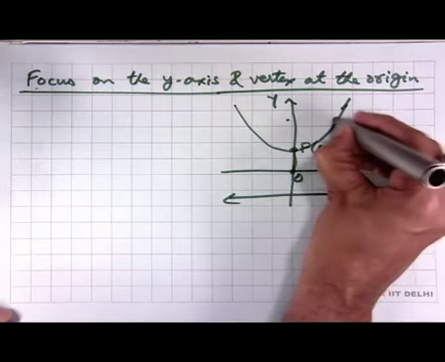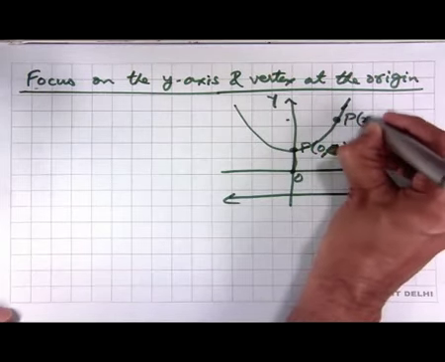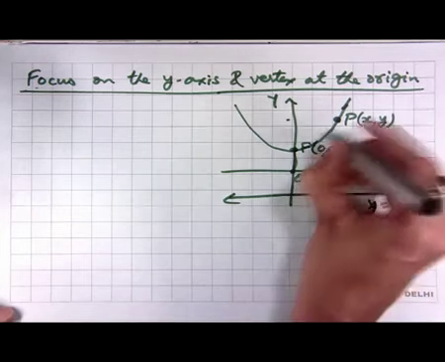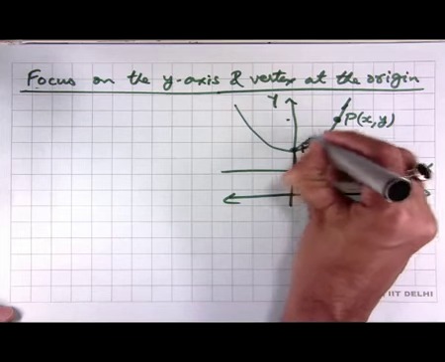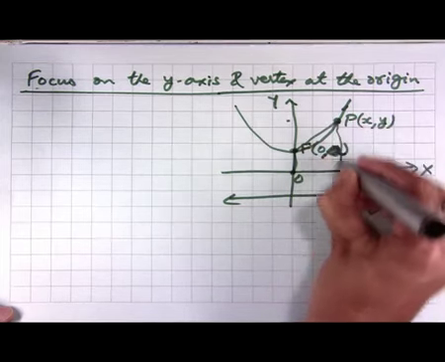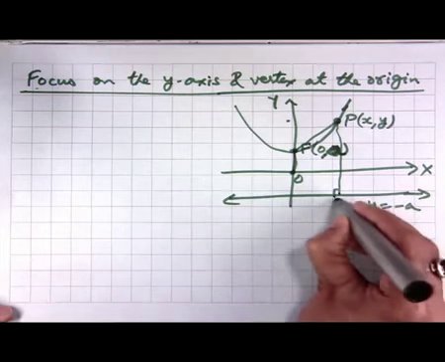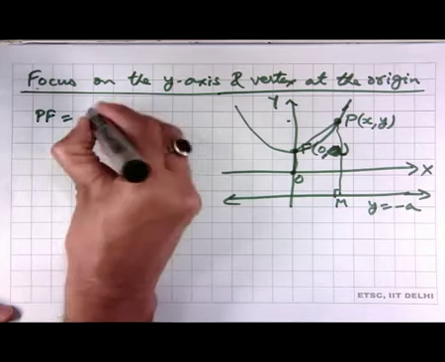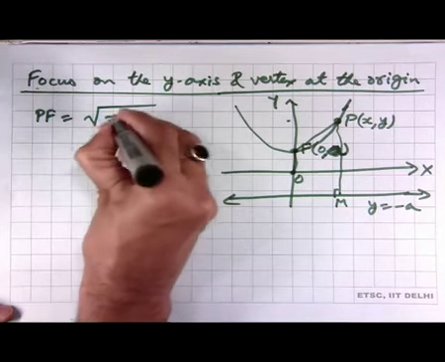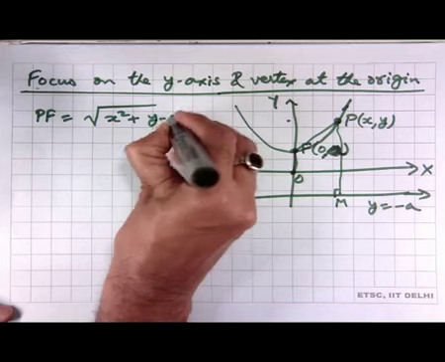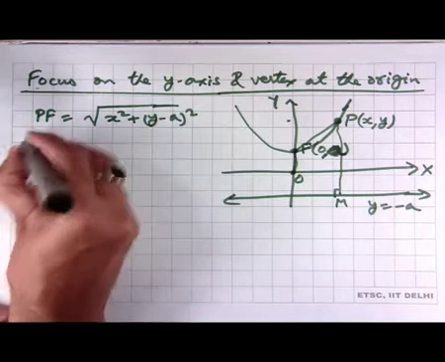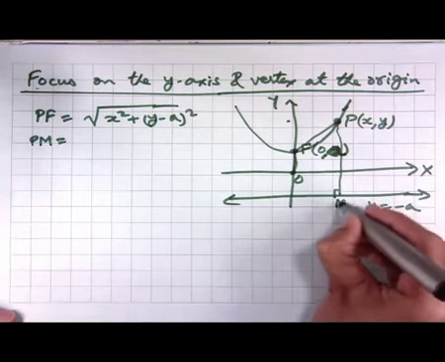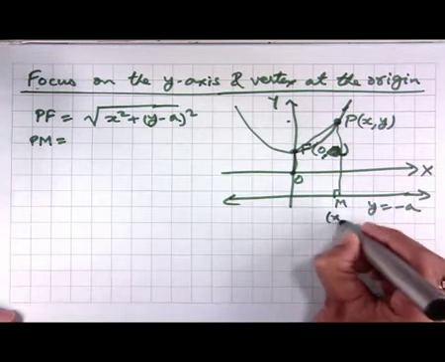So, any point p x y on the parabola should satisfy that distance of p to f is equal to distance of p to this line. So, in this case p f is equal to square root of x square plus y minus a square, and p m, this point m is x comma minus a.